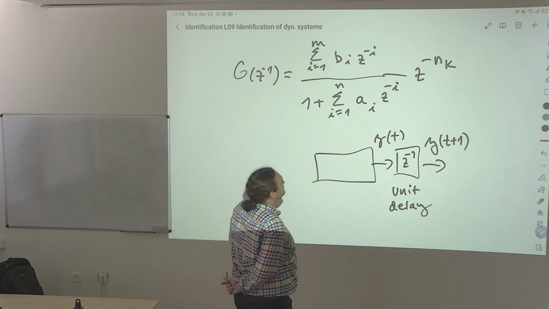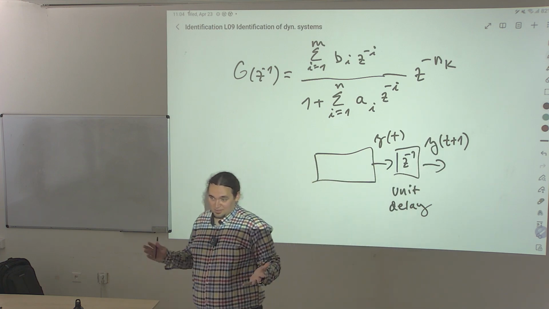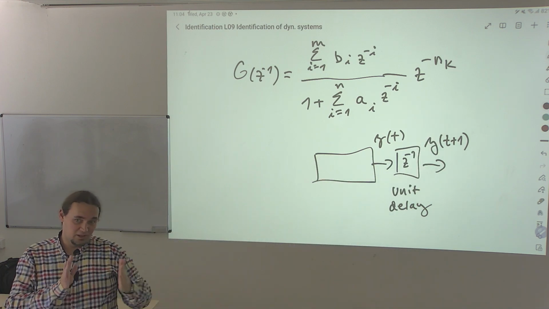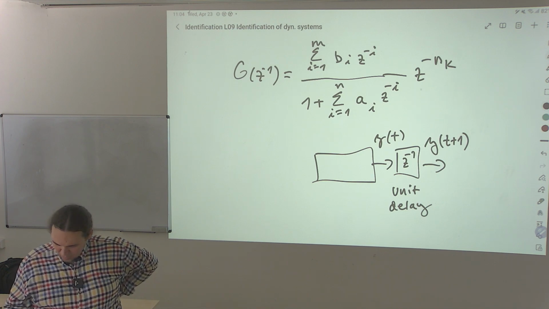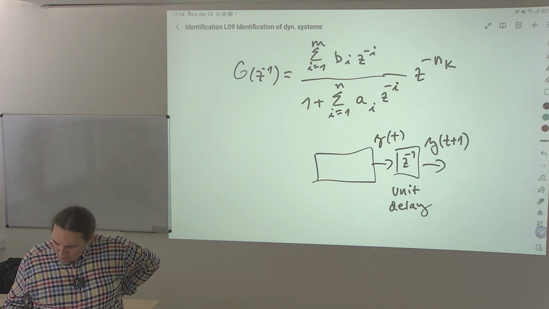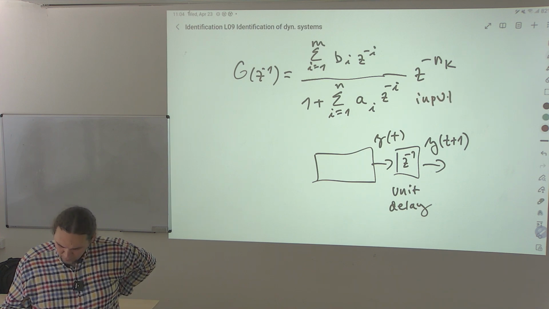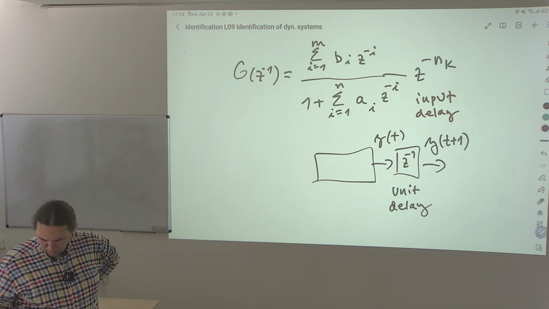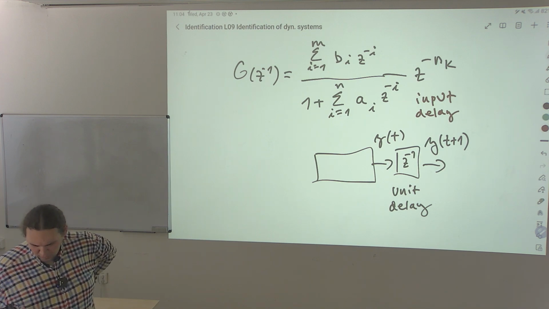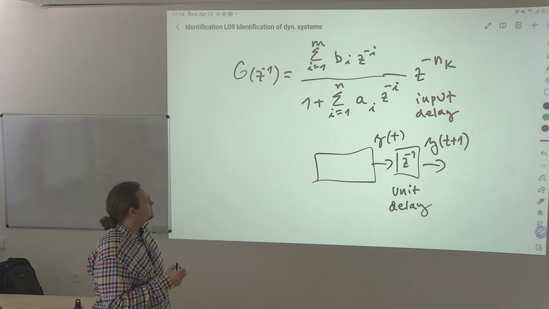We have something similar here. This is again a delay, but a delay of nk number of steps. So this is the way to represent time delay or input delay. And we will kind of exclude it from our discussion.